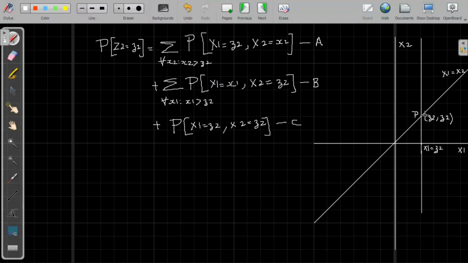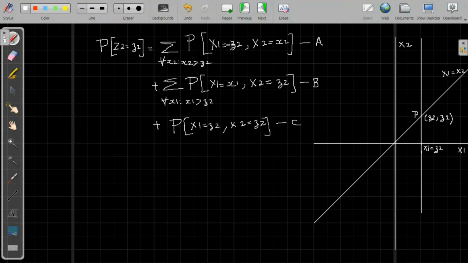For example, suppose this point is 2 comma 2. Above this point its value will always be greater than 2. For example, here it can be 3, here it can be 4, 5, 6. It will be increasing. And below this point on this line, the x2 value will always be less than z2.